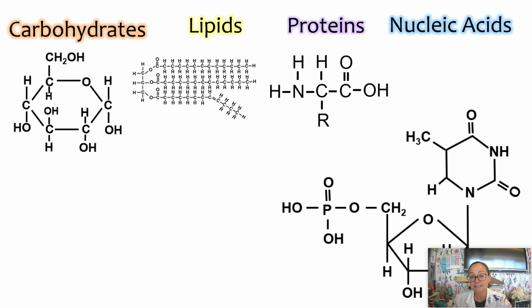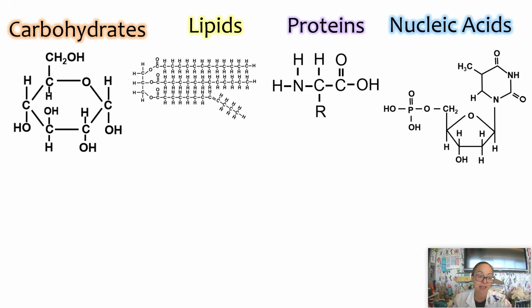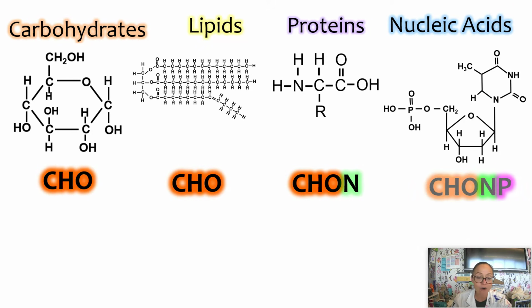This structure here is a nucleotide, a building block of DNA and RNA, and you can see five elements: carbon, hydrogen, oxygen, nitrogen, and phosphorus. So these are our four organic molecules, and they all have C, H, O, but proteins also have nitrogen, and nucleic acids also have nitrogen and phosphorus.